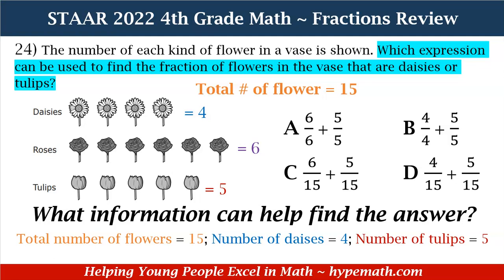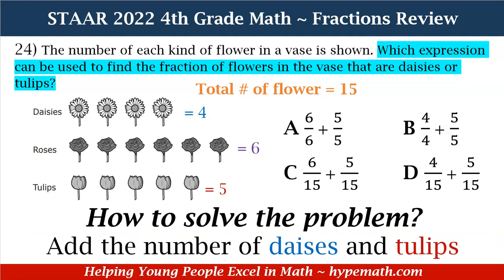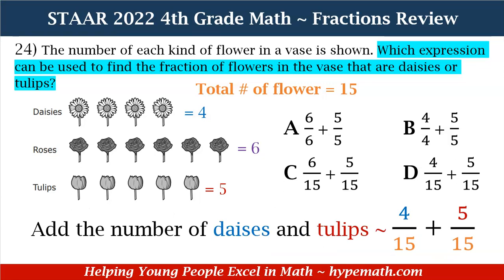Now that we know that information, how are we going to solve the problem? We need to add the number of daisies and tulips. And they're color-coded, fourth graders, so that you can follow along. What we had to do is create our fraction.